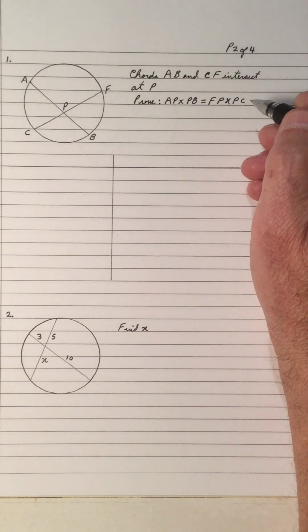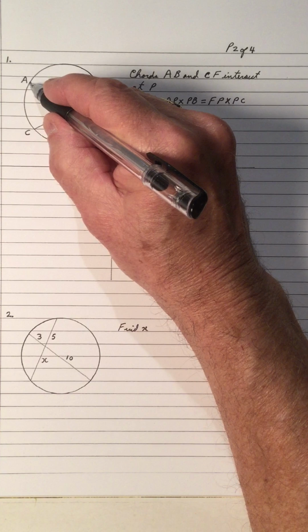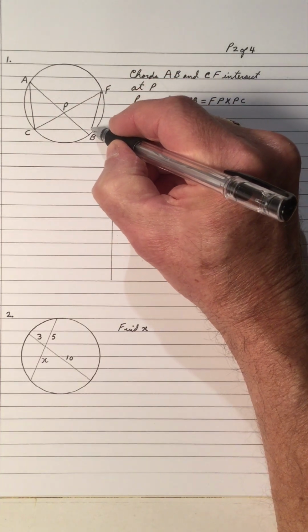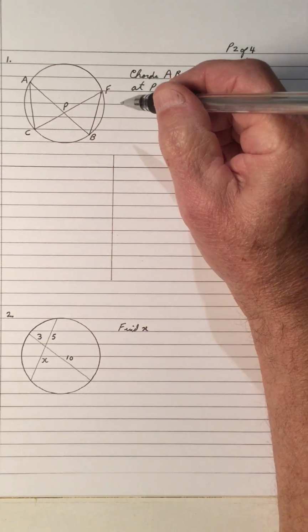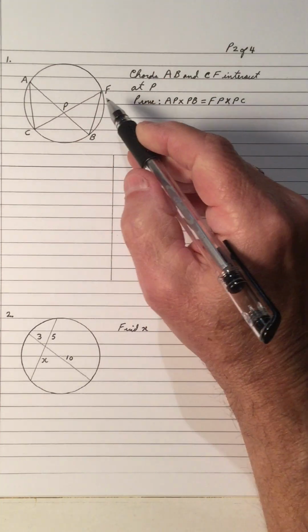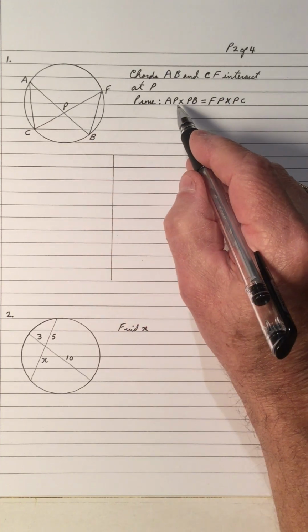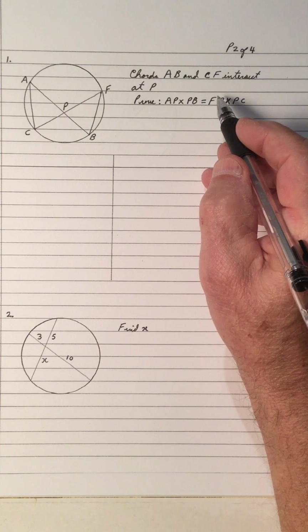To do this proof, we have to join AC and FB to form a pair of triangles. What we're going to do in these triangles is prove the triangles are similar, and this proportion comes out of that with a cross product.